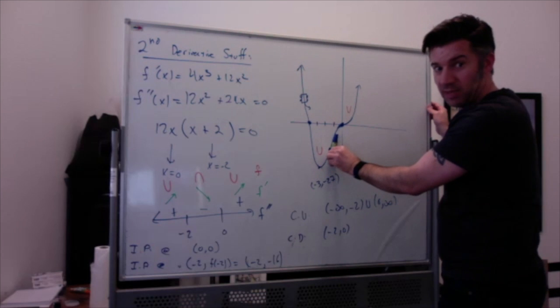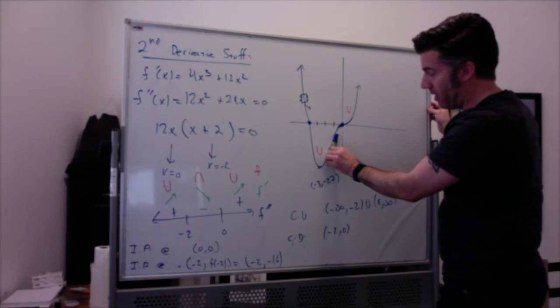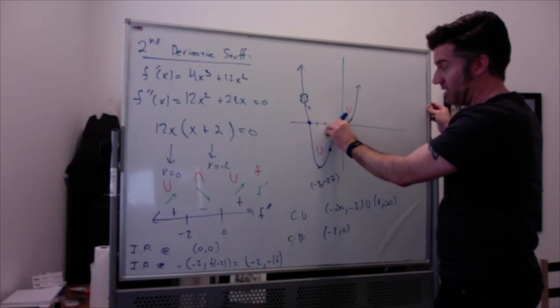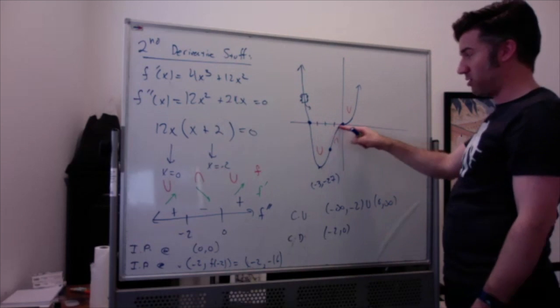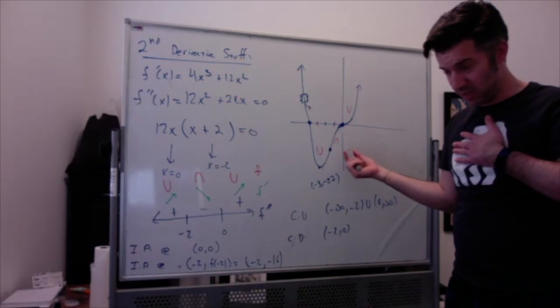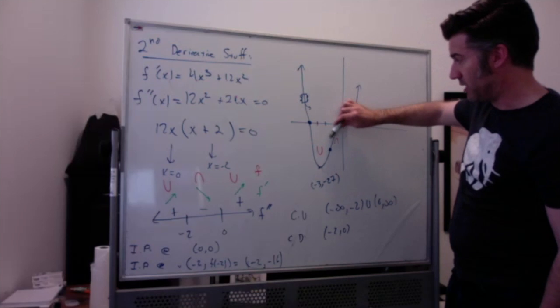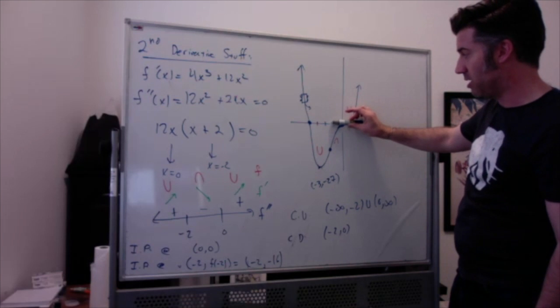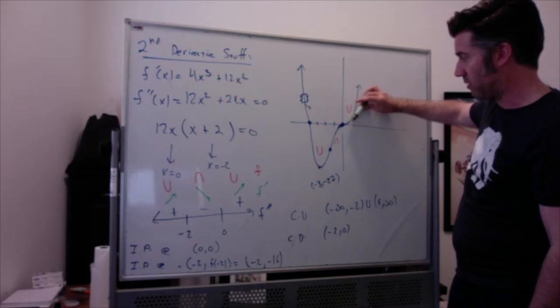At least as positive as possible for this particular function in this part. And then it starts becoming less positive. So now it's decreasing. So here the first derivative is decreasing. It's concave down. The second derivative is negative. So the first derivative is decreasing, and then we get to here, and then the first derivative starts increasing again.